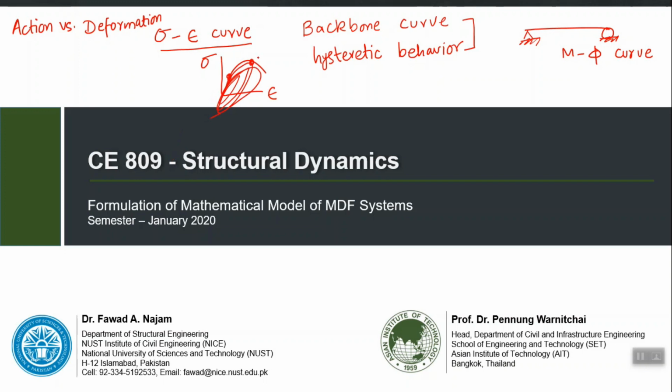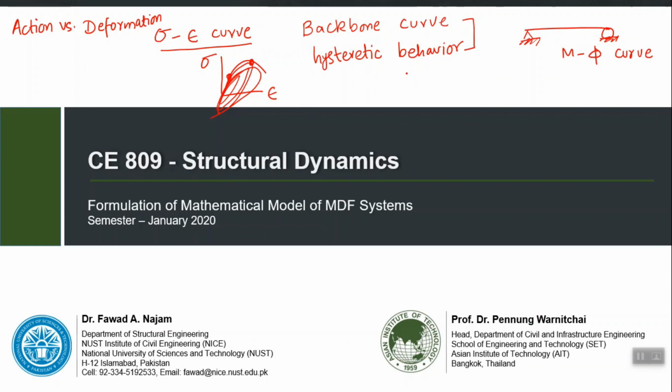The envelope of the cyclic behavior ideally sometimes matches with the monotonic curve, right. Sometimes it does not match, depending upon how much cyclic degradation your particular material has. But that monotonic curve, or you can say the envelope of that cyclic curve, is sometimes referred to as the backbone curve, right.